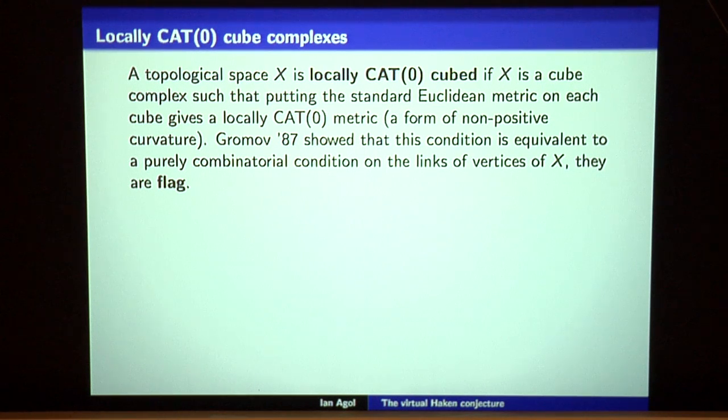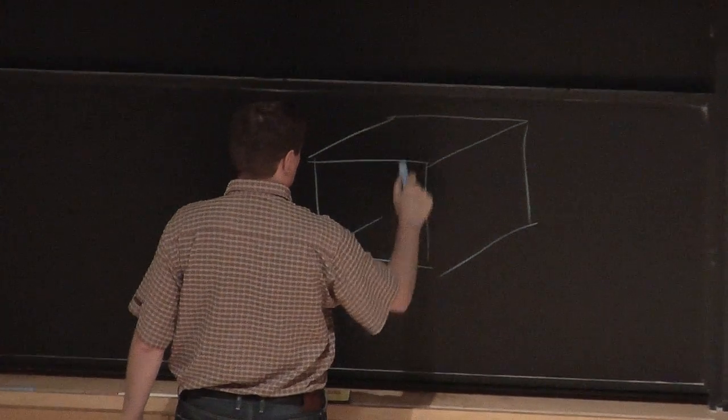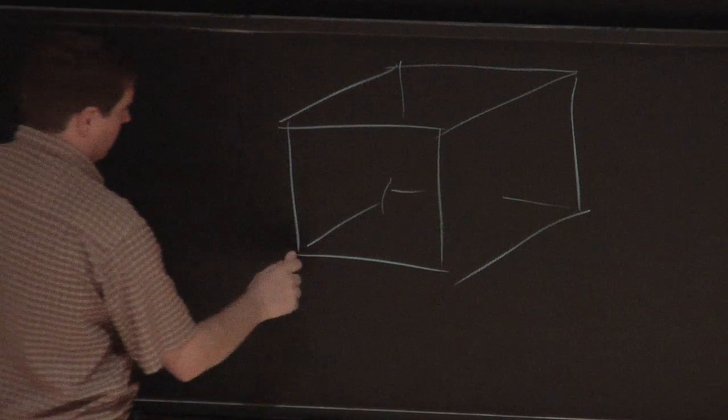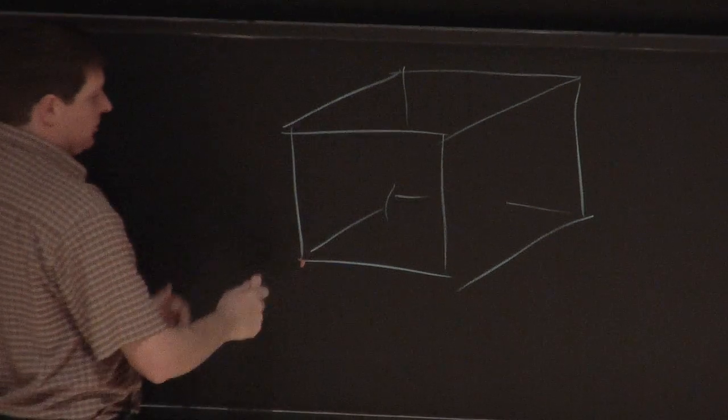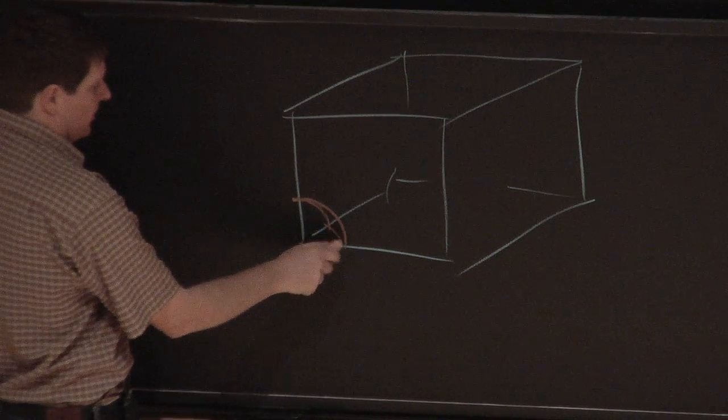So maybe I should say what the link of a vertex is. If you have actually any polyhedral complex, but in particular a cube complex, then the link of a vertex is you take, well, if I think of this as like a Euclidean cube, I just take a little boundary of an epsilon neighborhood around there.